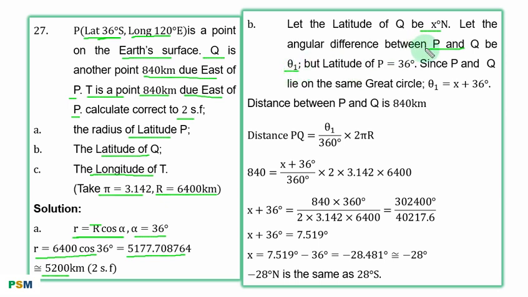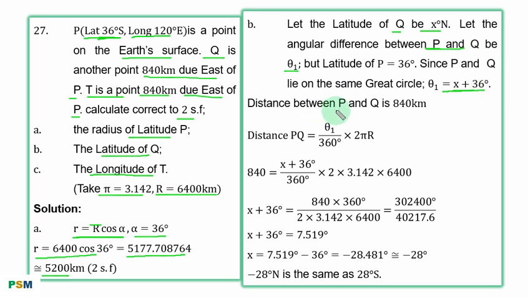Now check point P. The latitude is 36 degrees south, and point Q, the latitude is S degrees north. They are on opposite sides of the equator, so their angular difference is through addition. So theta 1, the angular difference between P and Q, is equal to S plus 36 degrees.